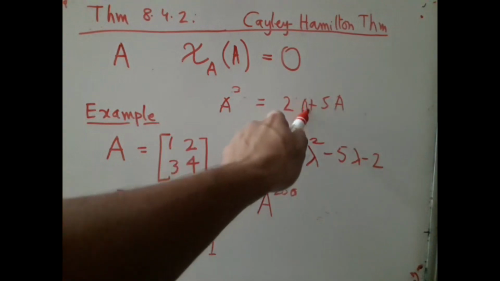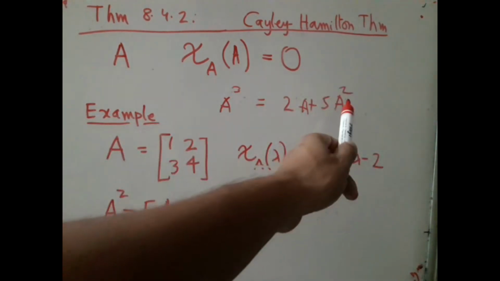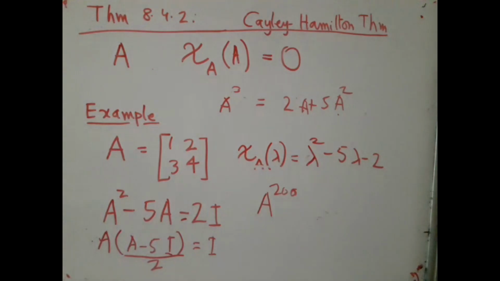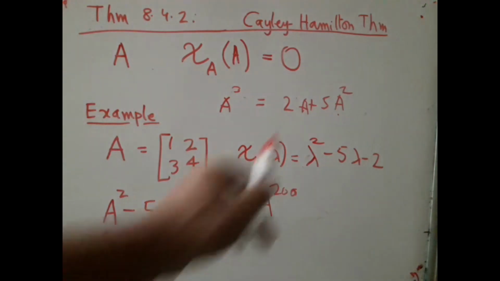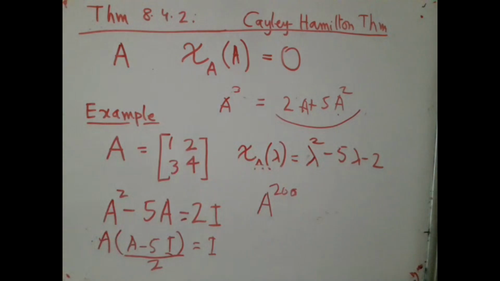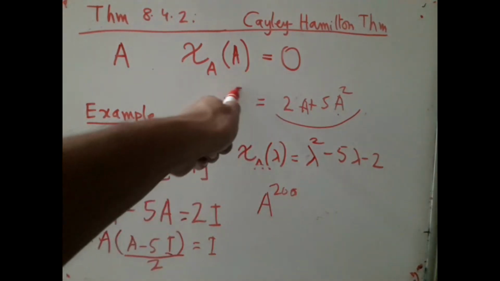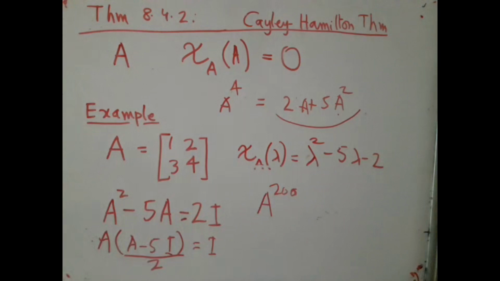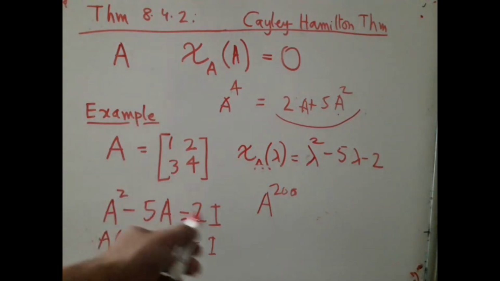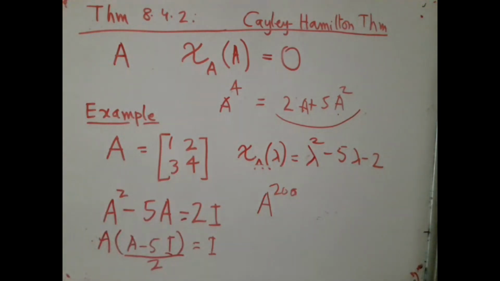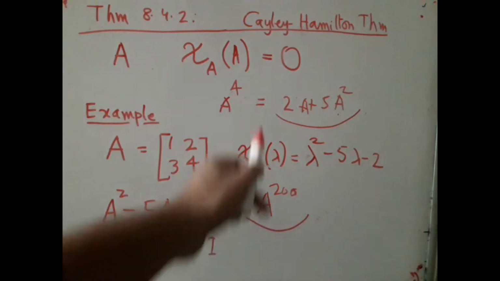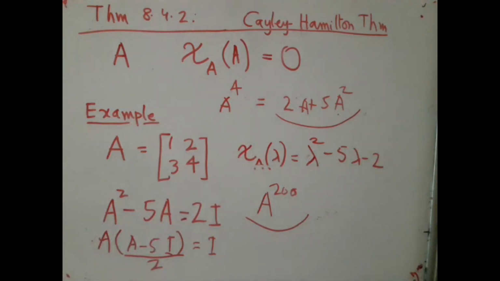This is your A and this is A squared. But I already know that A squared can be expressed as a linear combination of I and A. So this is again a linear combination of I and A. If you multiply this further with another A, you still remain a linear combination of I and A, because every time you get A squared, you replace that by 2I plus 5A. In this way, all powers of A are nothing but linear combinations of I and A. So if you want to compute this high power, you just evaluate a linear combination of A and I.